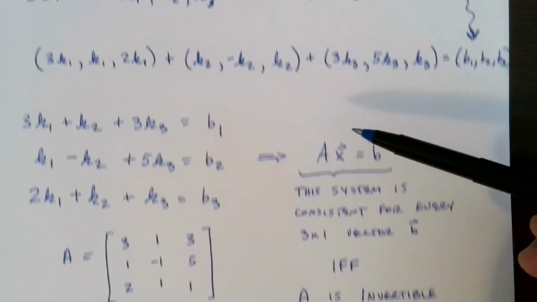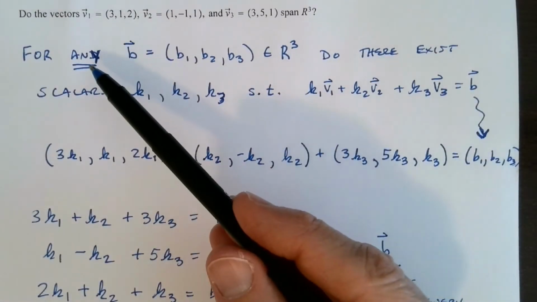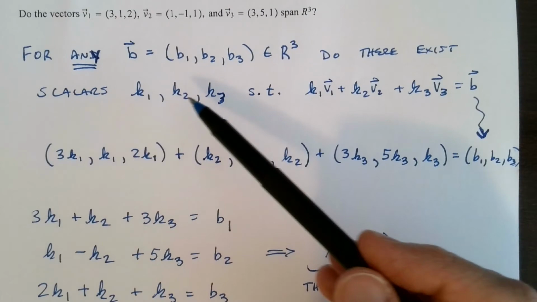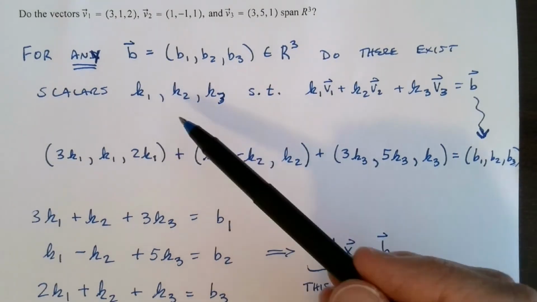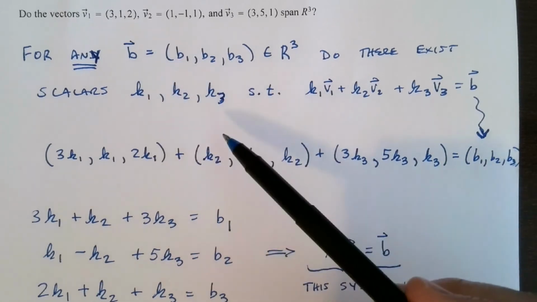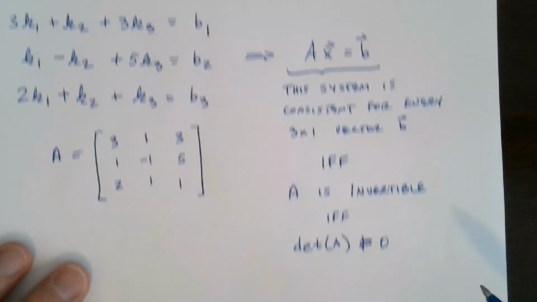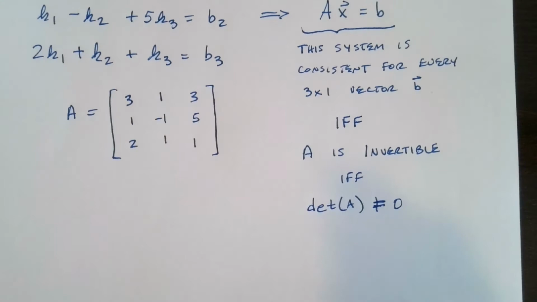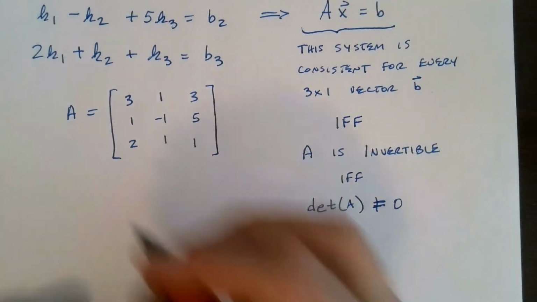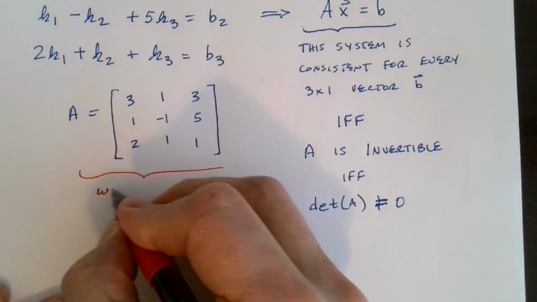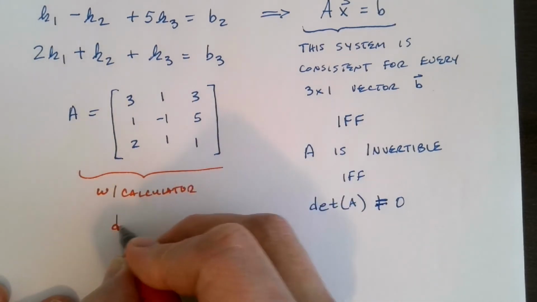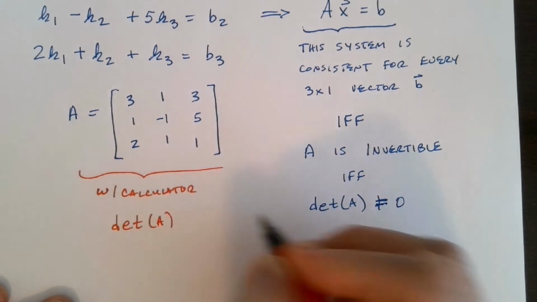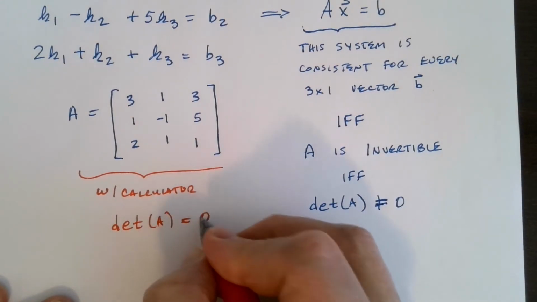In that case, would we be able to, for any B, write this as a linear combination with these scalars? No. There would be at least one B where we could not do it. And in fact, I'll let you go ahead and do this. If you actually go with your calculator, you can compute the determinant. And the determinant of A is equal to 0 in this case.